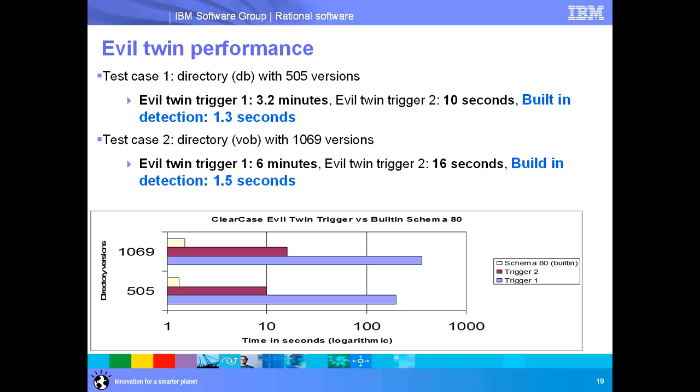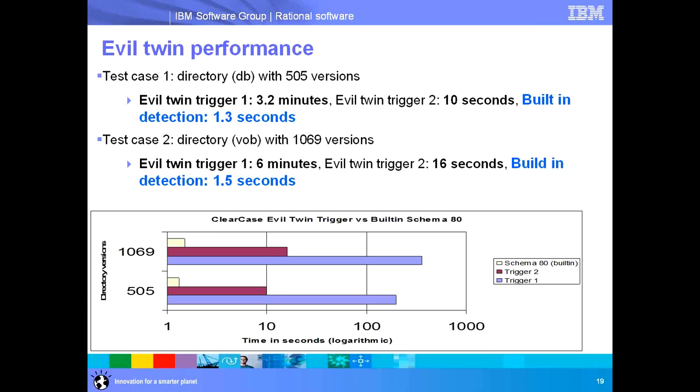You can easily see that it is taking less than 1.3 seconds or 1.5 seconds in both cases. So there is a major improvement by applying the evil twin feature by upgrading to 8.0, and you can efficiently detect and prevent the risk of having an evil twin created compared to the custom-based triggers.